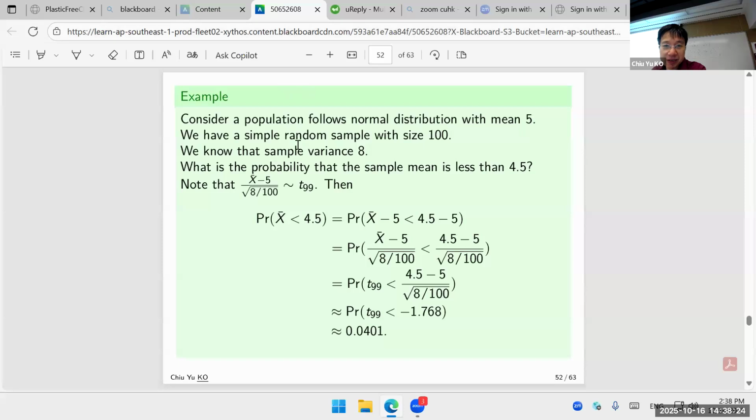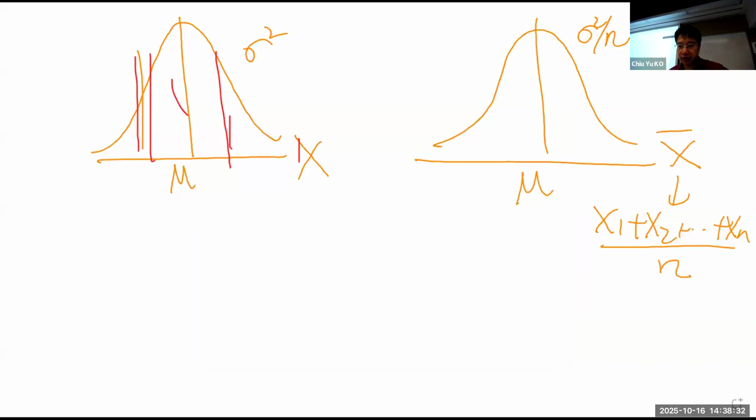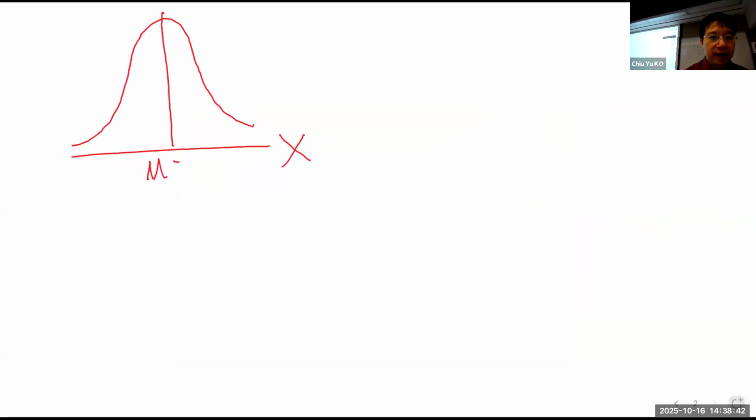Now, getting back to business, as I asked you to calculate this. Let me do it again on the whiteboard. The question is right here: I have a bell curve underlying the population. I know mu is 5, and I don't know sigma square. That's a problem.